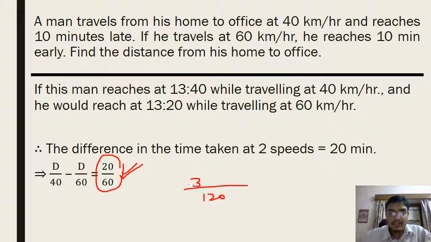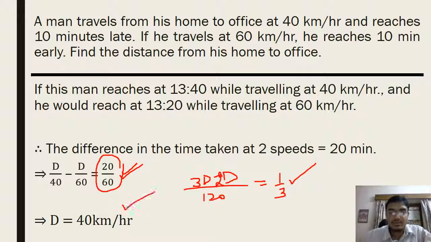So we get 3d minus 2d, and this should be equal to 1 by 3. When we solve this equation, we get d equals 40 kilometers. So this is the total distance that the person travels from his home to office.